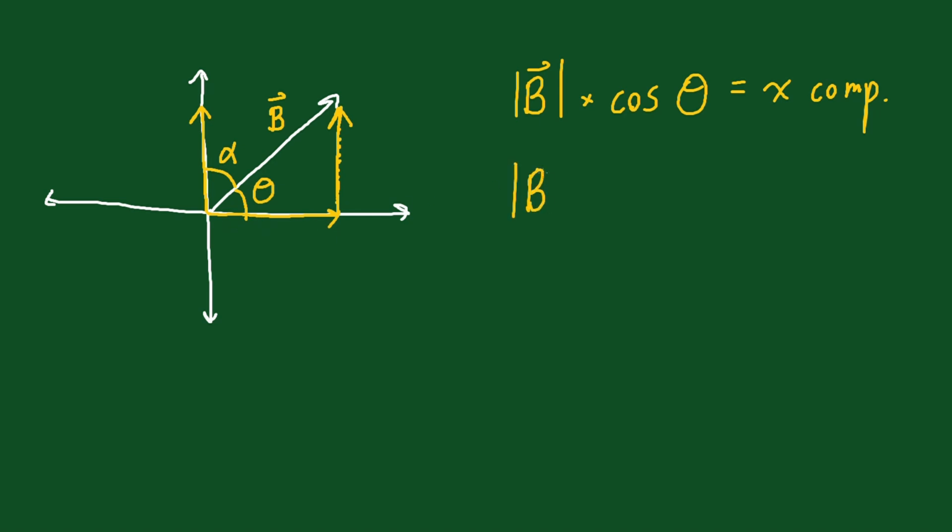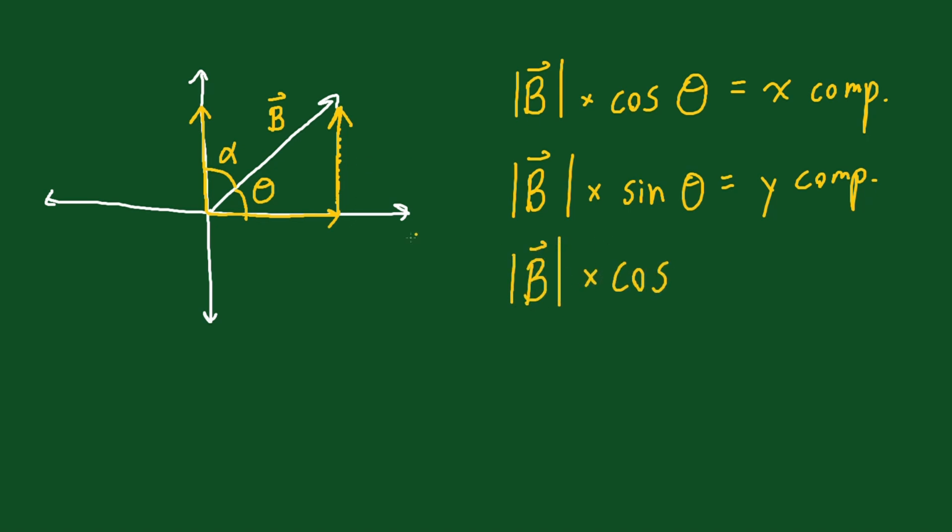If I take that magnitude b and multiply it by sine of theta, well, I will get the y component, right? But that's not the only way to get this y component. You could also say magnitude of b multiplied by cos of this angle here, alpha. And this would also give you the y component, right? These are 2 different options to figure out that y component, right?